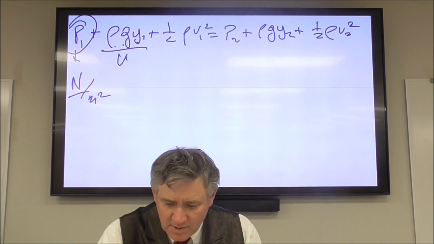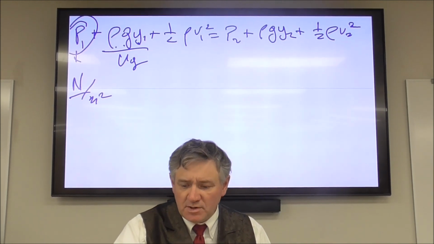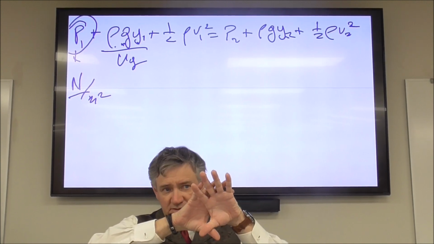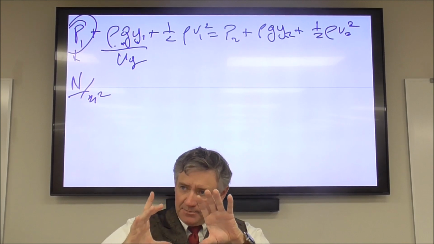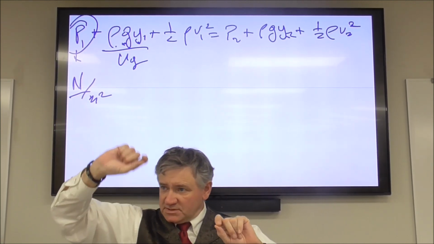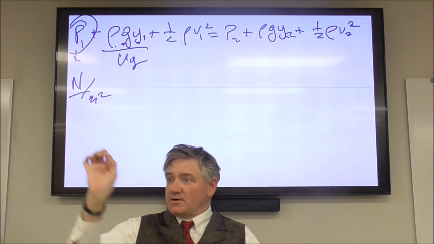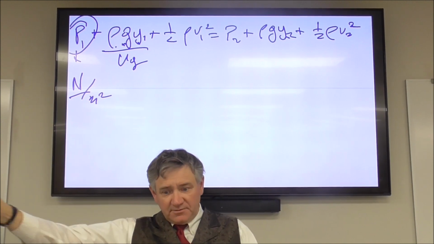This is like the gravitational potential part of it, because if you look at rho g y1 and rho g y2, what we're going to look at is what happens when you take water that's underground in a big pipe, and then we're going to restrict that down to a water fountain, where that water fountain has a much smaller diameter, but it's going to be going faster.